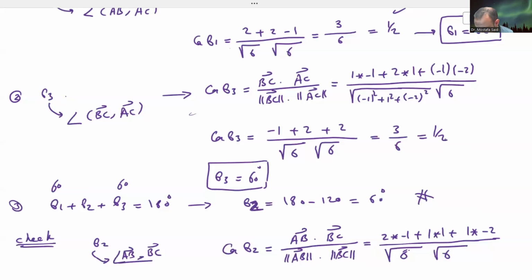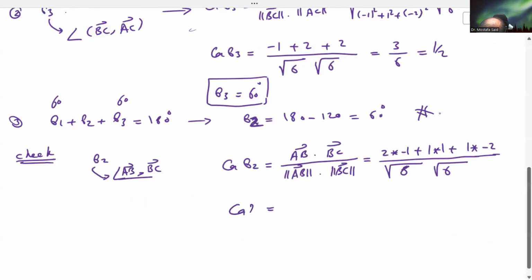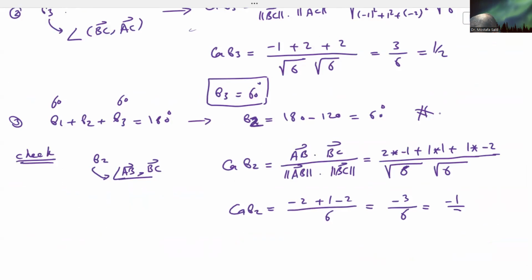We did this before, so I will not repeat that. So cosine theta 2 is equal to minus 2 plus 1 minus 2 divided by 6. That's minus 3 over 6. That's minus half. This is not positive half. So theta 2 is equal to, if you did this on a calculator, it should be minus 60 degrees, which is wrong.